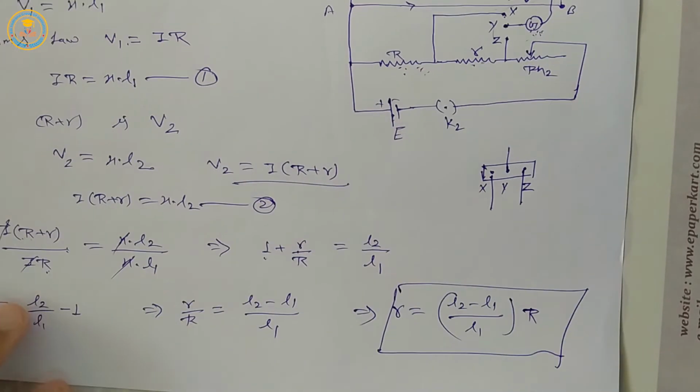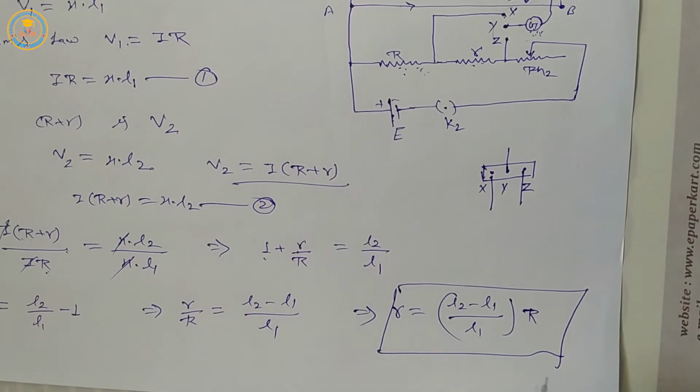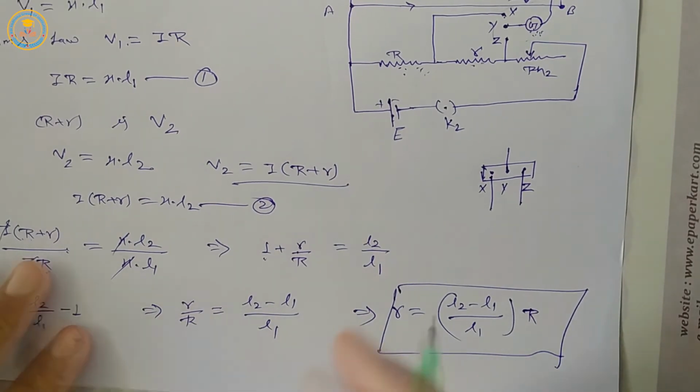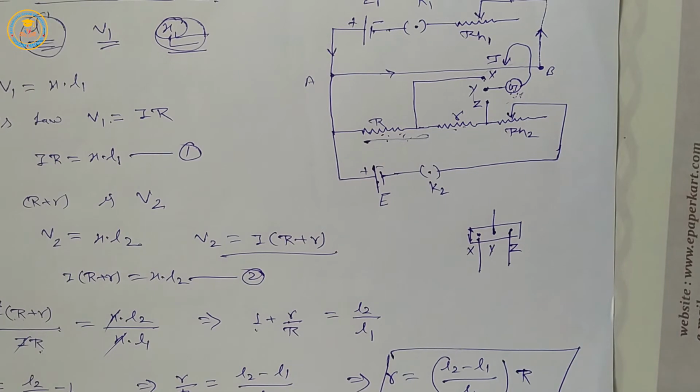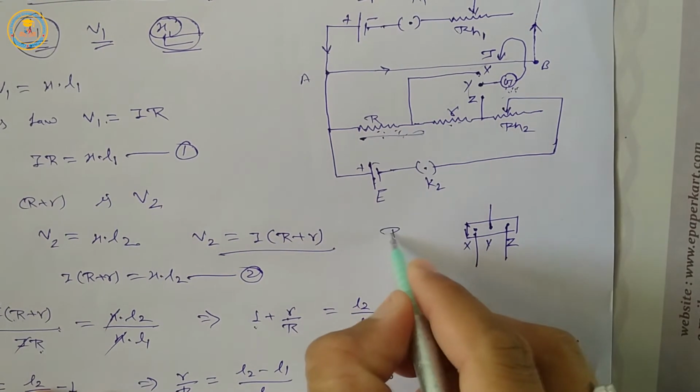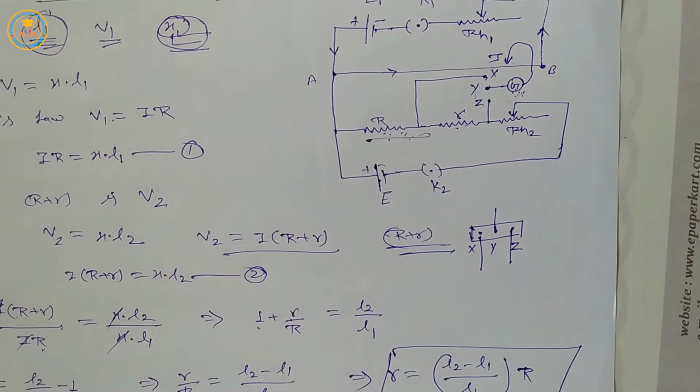We put in the values of L1, L2 and capital R, and then we find the value of small r. Here, capital R is a known resistance, L1 is the balancing length for resistance capital R, and L2 is the balancing length for capital R plus small r resistance.